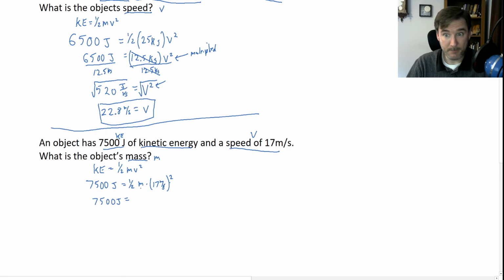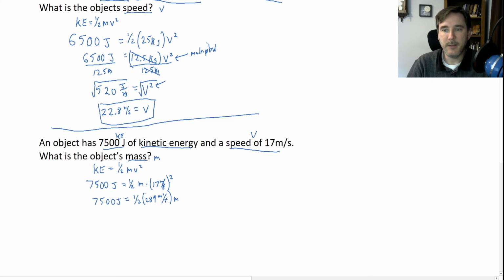Now I can't multiply this by the mass. I don't know the m. But what I can do is the 17 meters per second. I could square that and then multiply it by half. So 17 squared gives me 289. So I could do 1/2 of 289, and units are meters squared per seconds squared, times m.